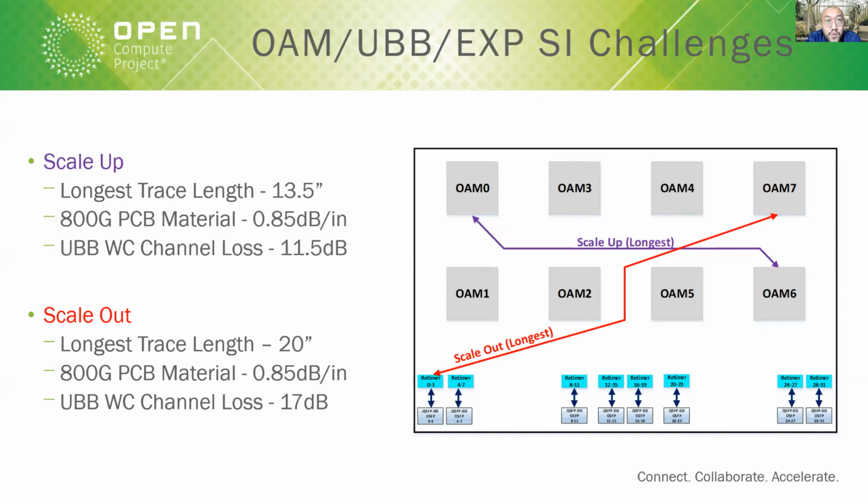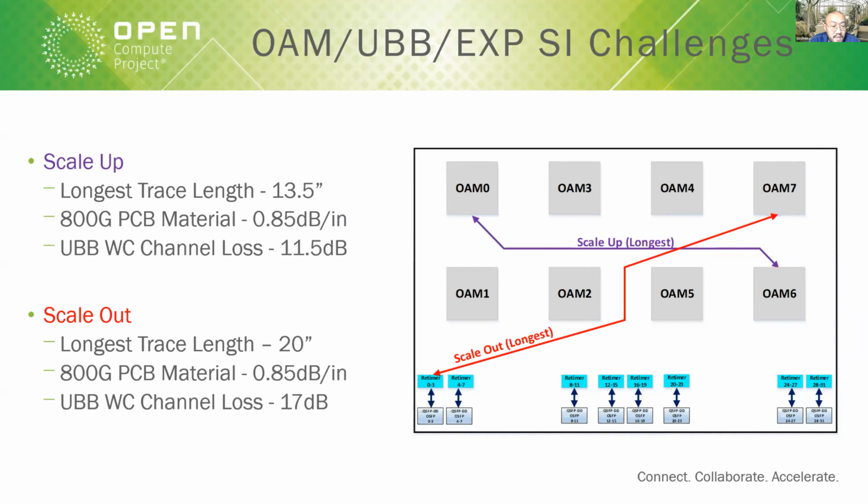However, due to the thickness of the whole board, we cannot change too much. So we put the average value here, 0.85, medium value, to estimate the worst case scenario of UBB loss at 11.5 dB. Well, if we have better material, of course, we can get better results, right?